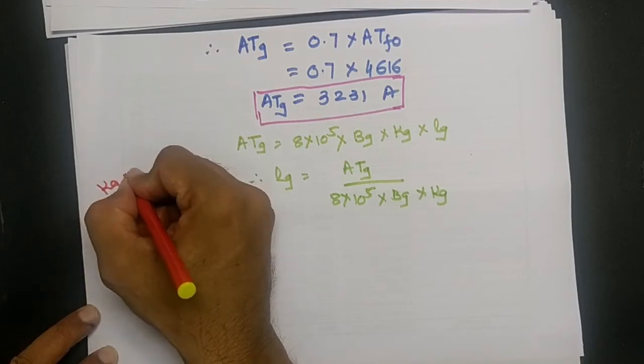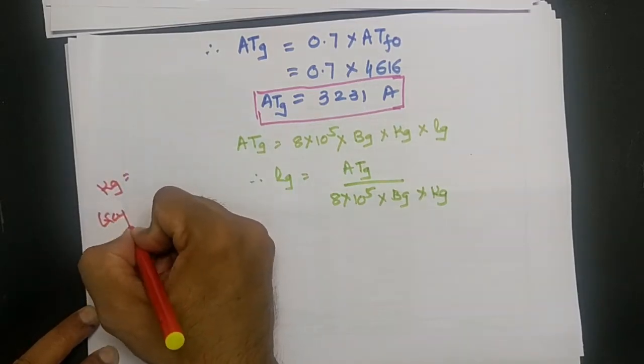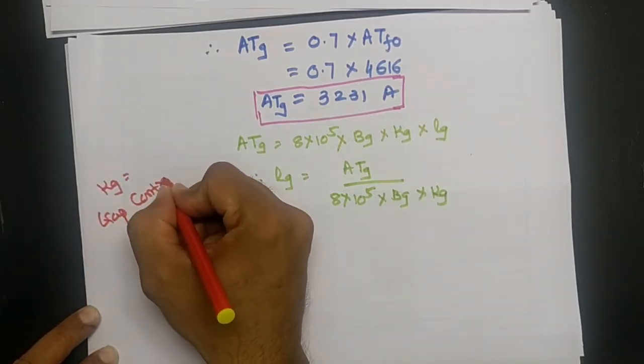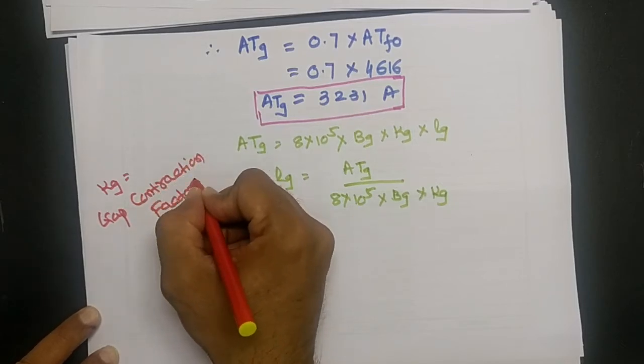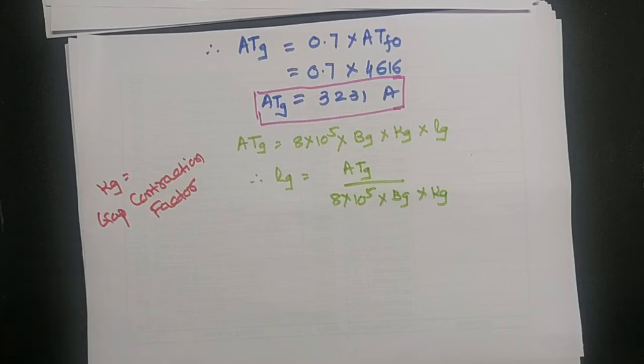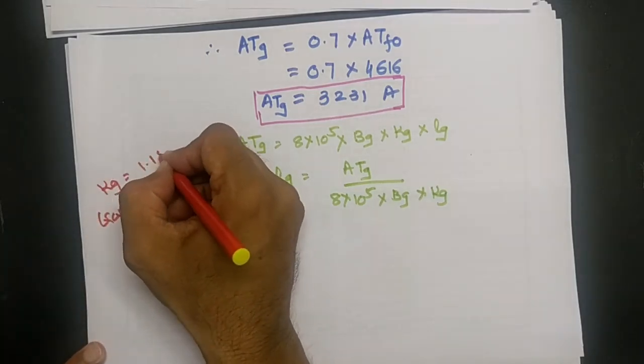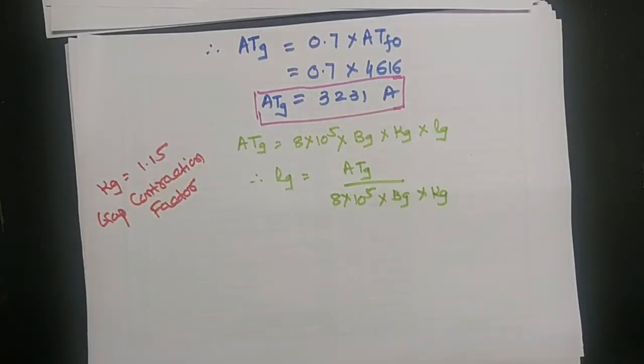Now kg is the gap contraction factor, and a suitable value can be assumed. Let us assume kg is 1.15.